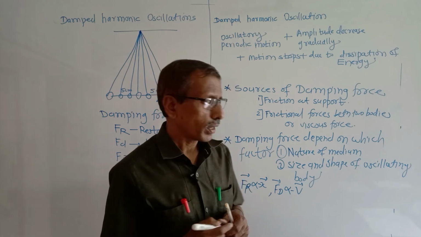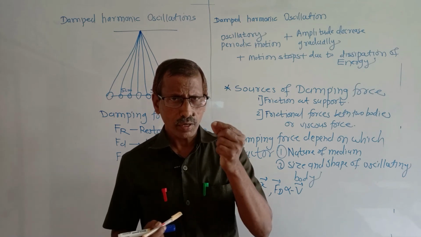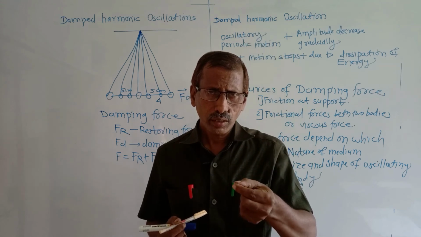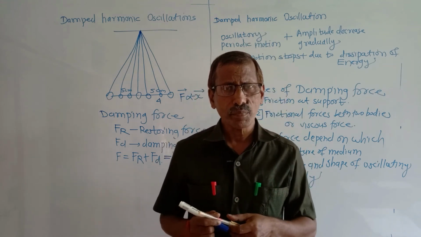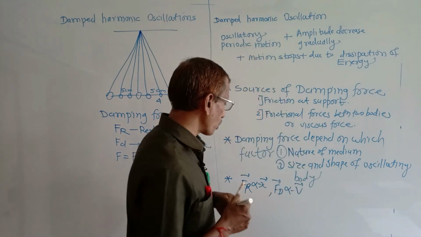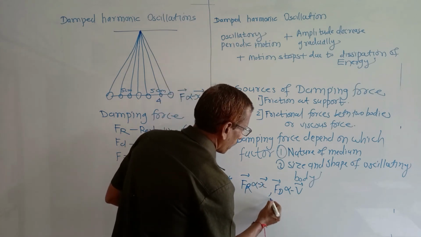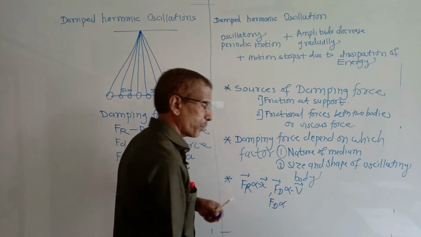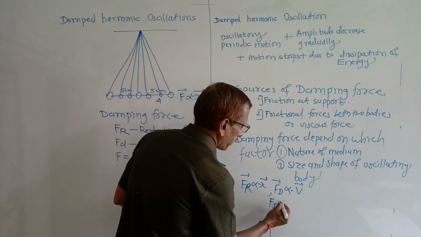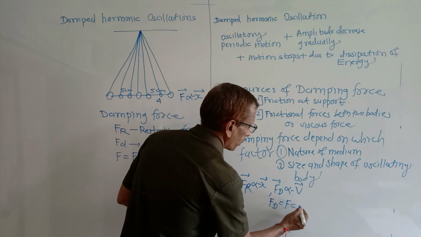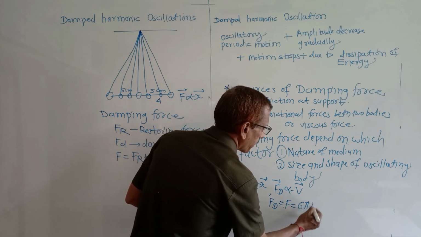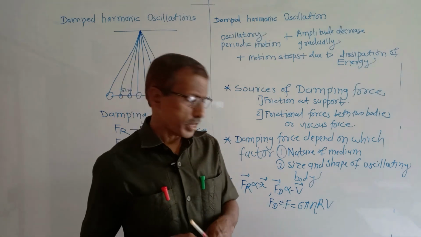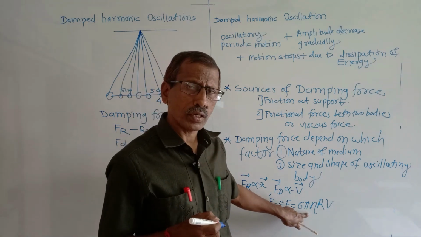In Stokes' law, when a small sphere falls through a fluid, that is a liquid, there exists a damping force, and that damping force, or viscous force, is given by F is equal to 6 pi eta R V. Here 6 pi is constant.